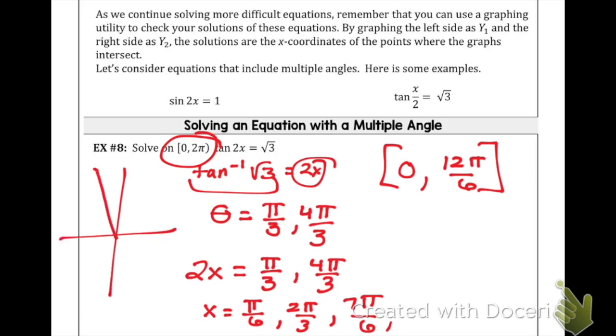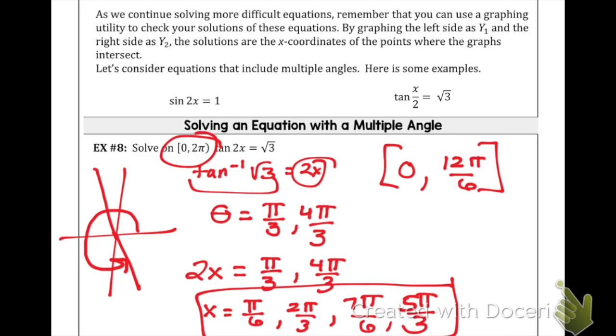So 2/3 of a pi is here, so this would be 5/3 of a pi. And then those would be all of your answers from 0 to 2 pi.